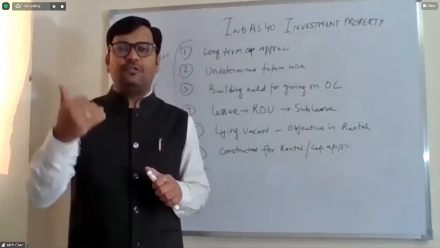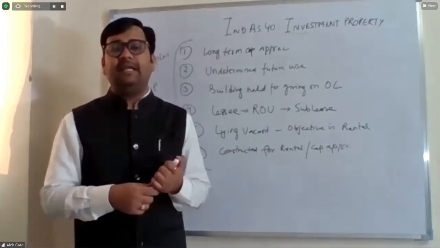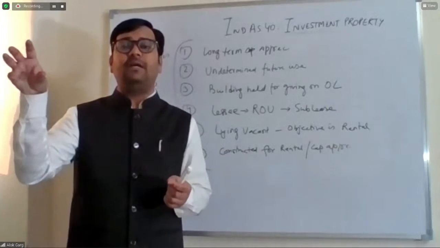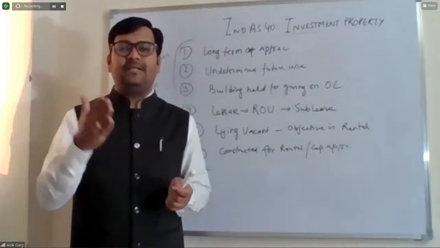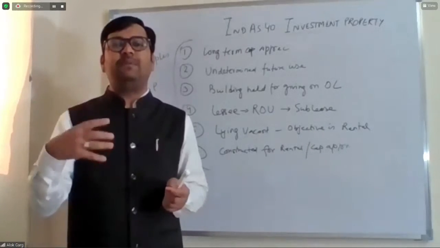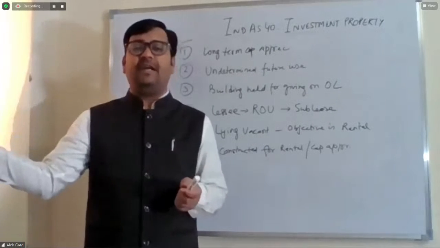You have also learned there are 4 or 5 factors to determine whether it is a finance lease: the fair value of the asset is equal to the present value of the lease rentals; the asset covers the major part of the economic life of the contract; the asset is of a specialized nature; the lessee has an option to purchase at the end of the period.